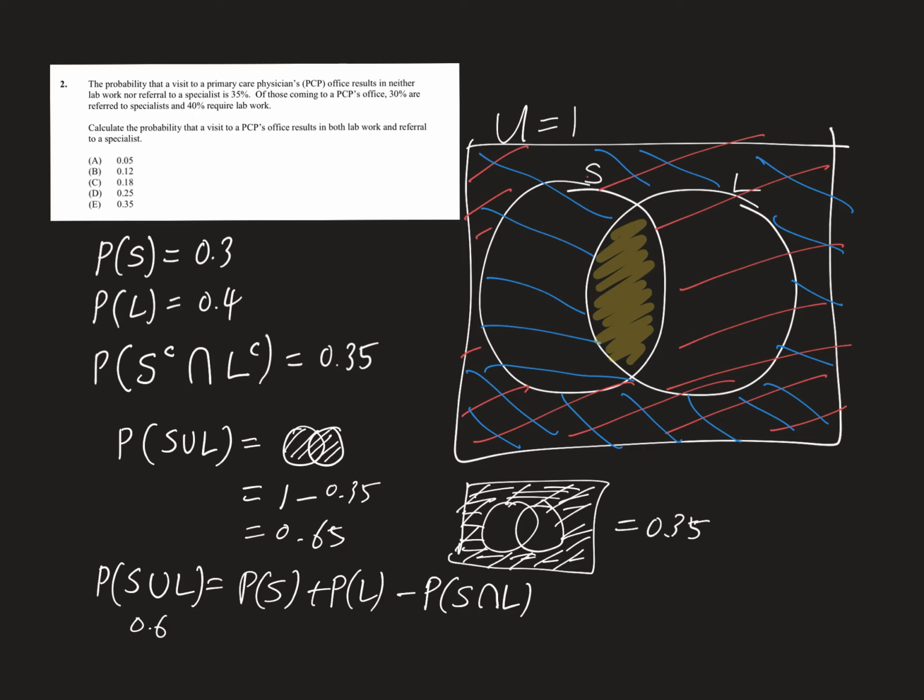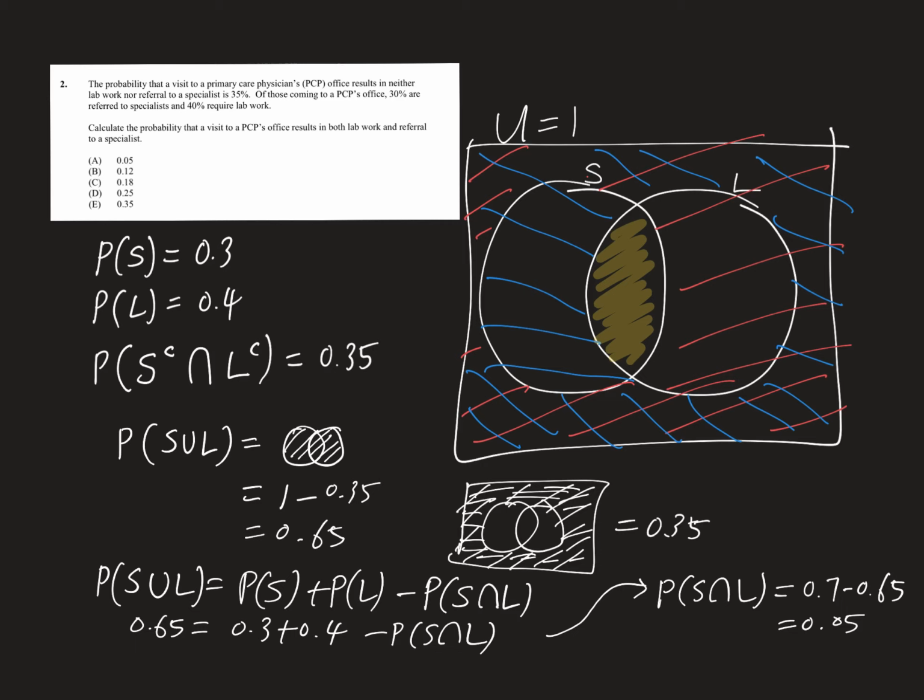So 0.65, I'm just going to plug it in, equals 0.3 plus 0.4 minus the intersection. And so if I rearrange, I get 0.7 minus 0.65, so 0.05, and the answer is A.